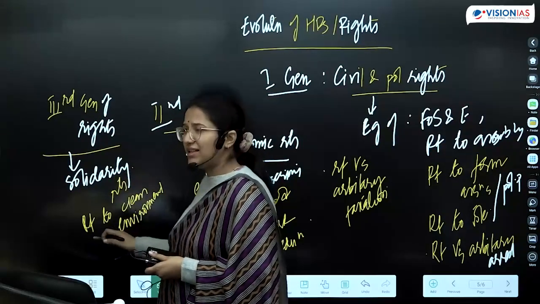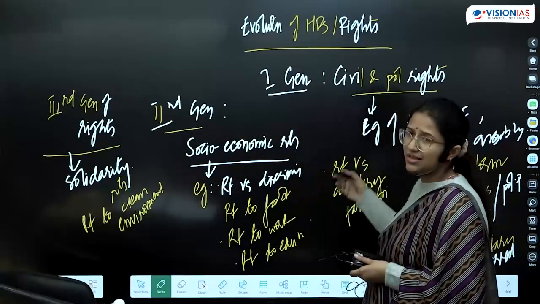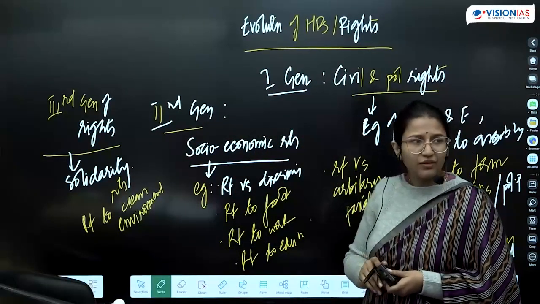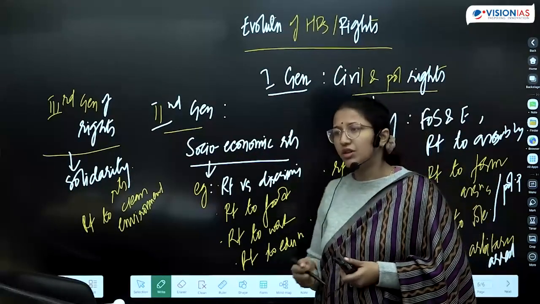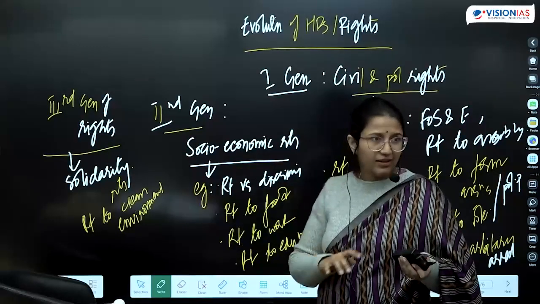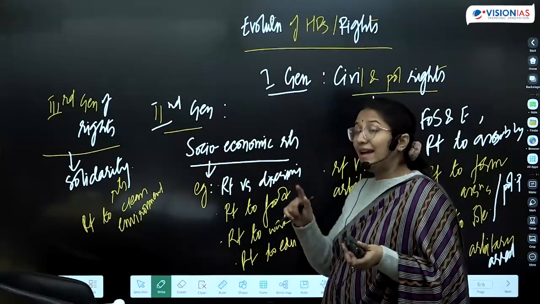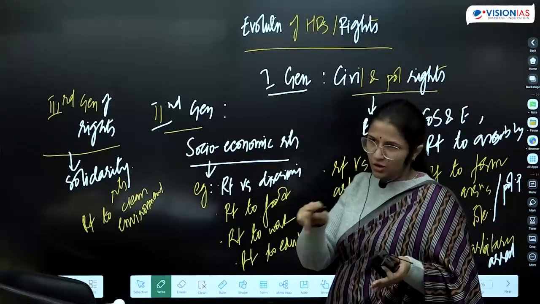And these rights are often exercised at times as a limitation on first and second generation rights. For example, if tribals say we have right to the forest resources, then they can exercise it only in solidarity. But that means individual ownership of certain pieces of land on forest has to be banned.